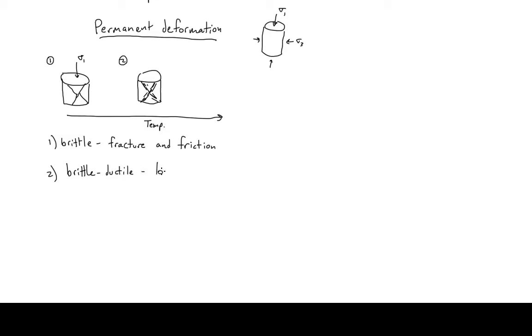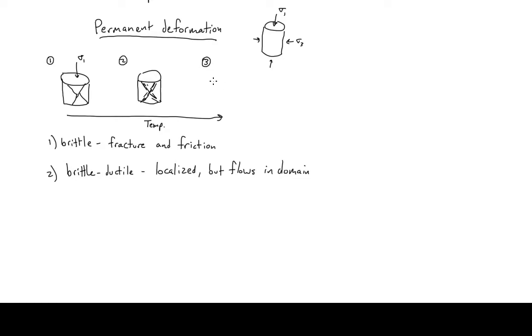This is localized, so it's not spread out. The deformation isn't spread out throughout the whole sample, but the deformation occurs, flows in domains. So there's a zone where the deformation happens.